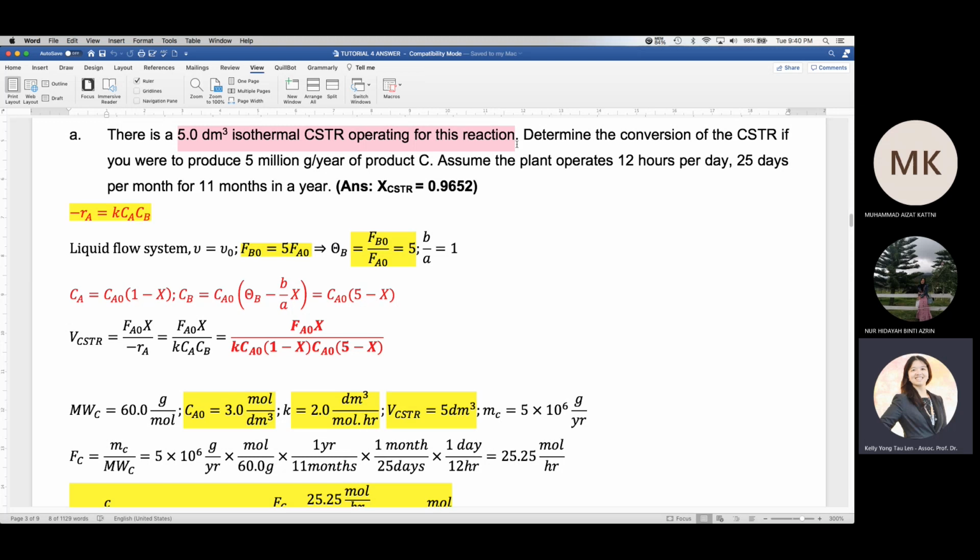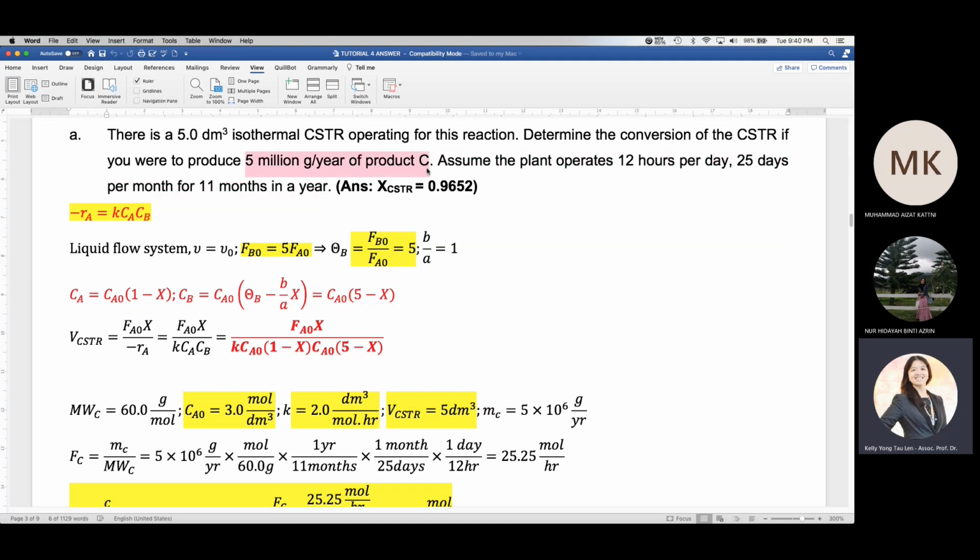Dia kata determine the conversion if you were to produce 5 million gram per year of product C. Assume the plant operates 12 hours per day, 25 days per month for 11 months in a year. So dia suruh kita cari conversion X kalau diberi 5 million gram per year of product C.